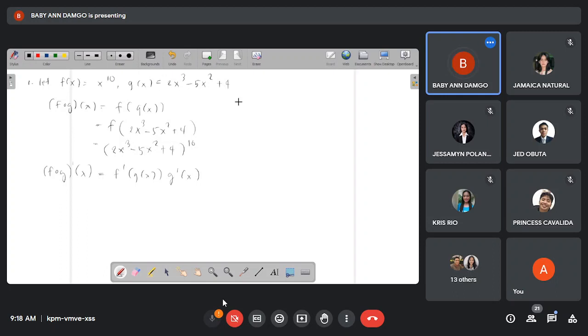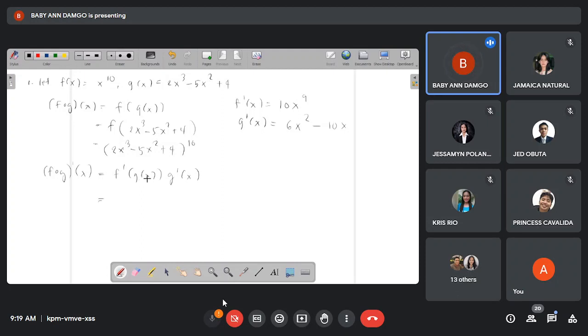So this is f prime of x, which is equal to 10x to the power of 9. For g of x, this is g prime of x, which is equal to, it's not 2, it's 6x squared minus 10x. Okay, I already took the derivative.